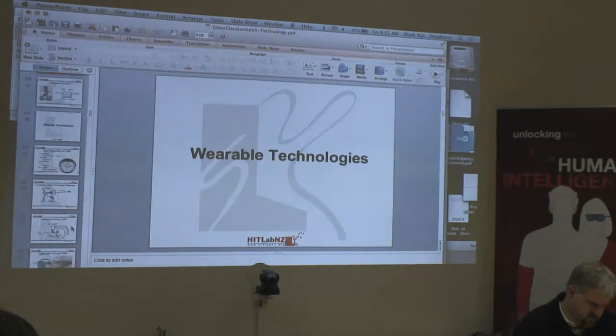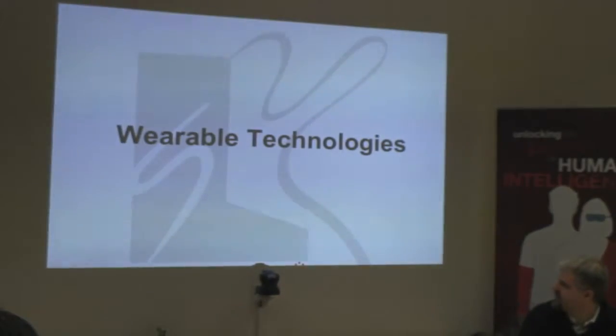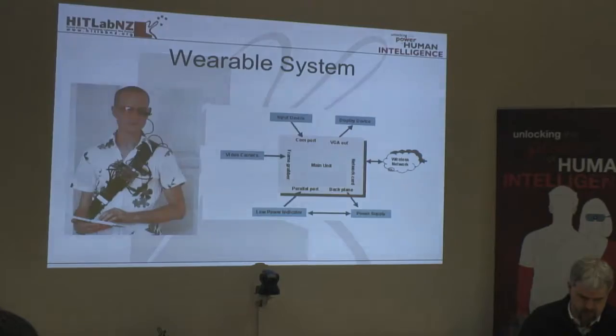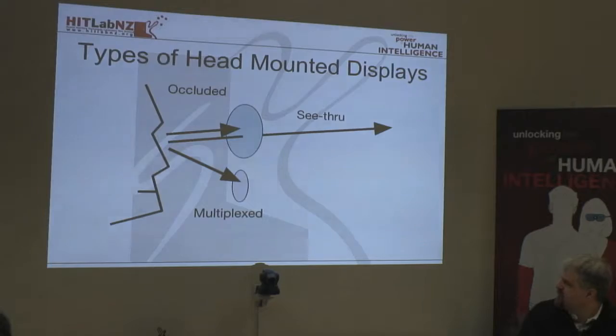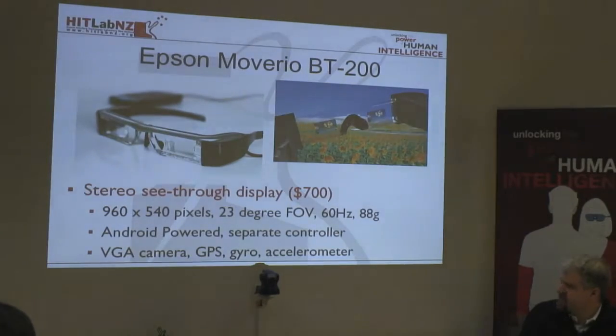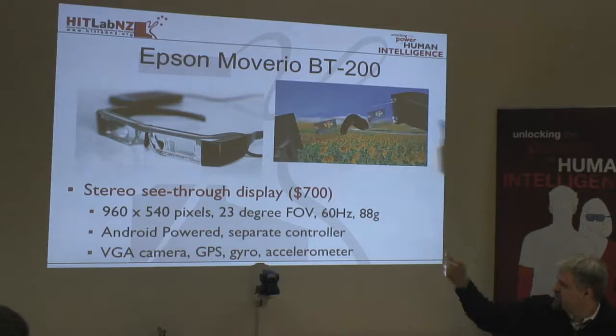We started yesterday talking about the different displays and different display types, like the different types of head-mounted displays and see-through displays. Did you try yesterday the BT100 display from Epson? The see-through one? Okay. So we've got one of these on order. It has not come yet, but this is the 200.